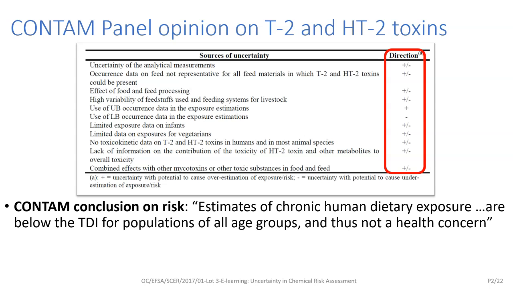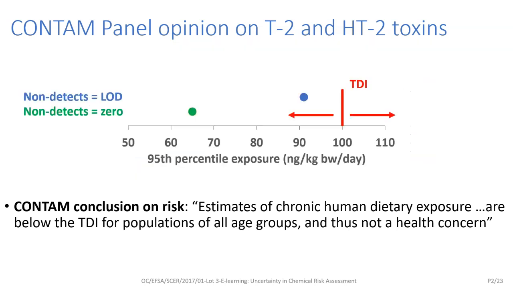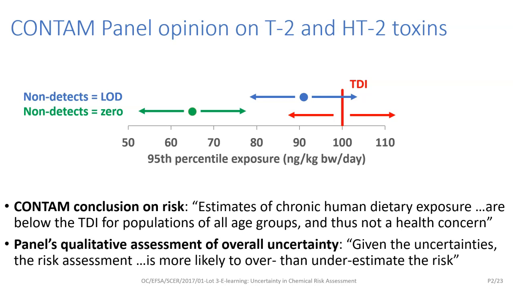This implies that if the uncertainties could be taken into account, the TDI might become either higher or lower. The exposure estimates might become either higher or lower, and therefore the risk could be either higher or lower. This was recognized by the Contam panel in their qualitative assessment of overall uncertainty. Given the uncertainties, the risk assessment is more likely to over than underestimate the risk.